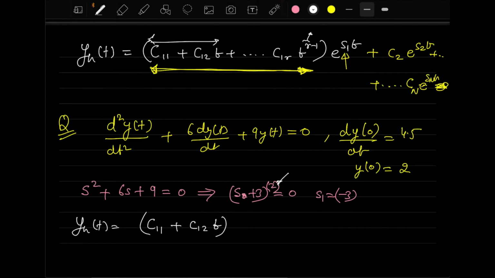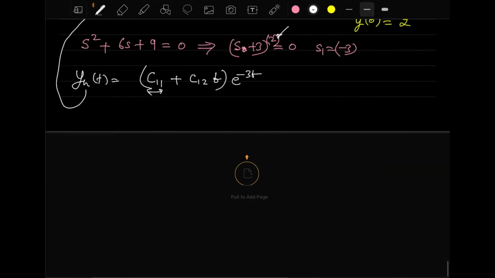So you will get only C12 t as one of the factors along with C11, and then you will have e to the power minus 3t attached to it. So this is the homogeneous or natural response solution to this differential equation.